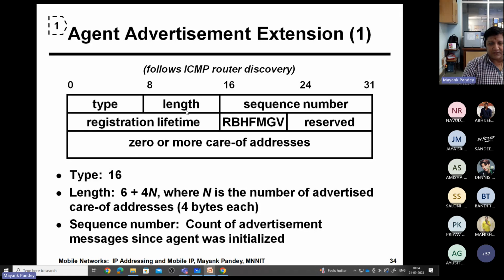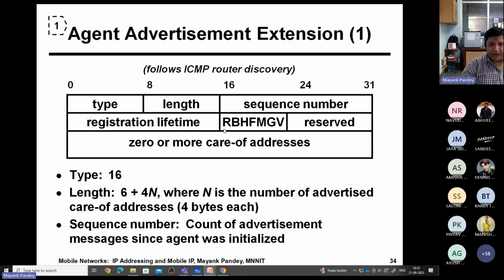This is the extension where type is 16, length is 6, a fixed length, and the number of care-of addresses which are going to be advertised. Sequence number is necessary for knowing the count of advertisement messages since the agent was initialized. What is the lifetime of this agent advertisement?